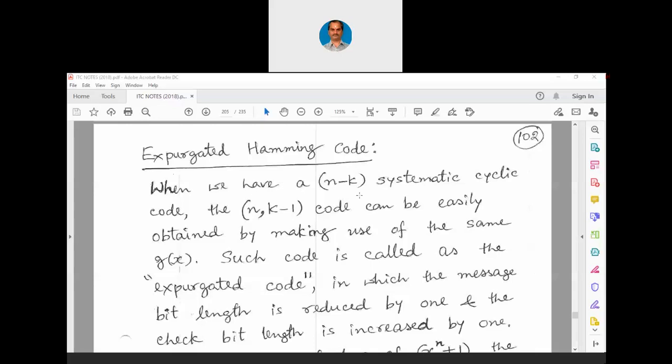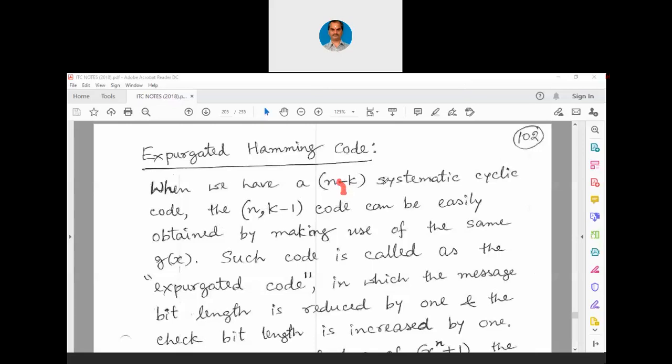When we have an n comma k systematic cyclic code, an n comma k minus 1 code can be easily obtained by making use of the same g of x. That is the specialty here. Sorry, it is not n minus k, while writing I made a mistake here.